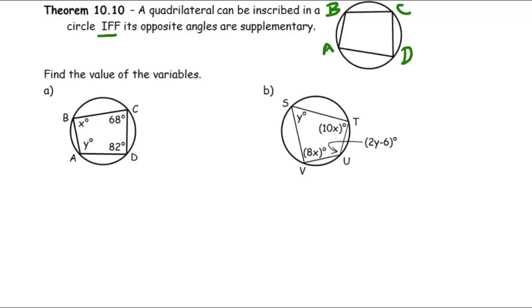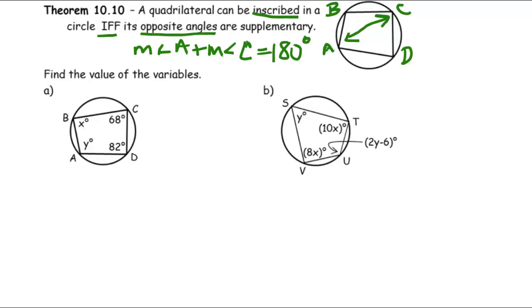But when we inscribe it in a circle, then its opposite angles, and this is going to be real important for you to listen to and understand, its opposite angles are supplementary. So that means the measure of angle A plus the measure of angle C is going to equal 180 degrees. Opposite angles supplementary. So let's find the value of the variables here.